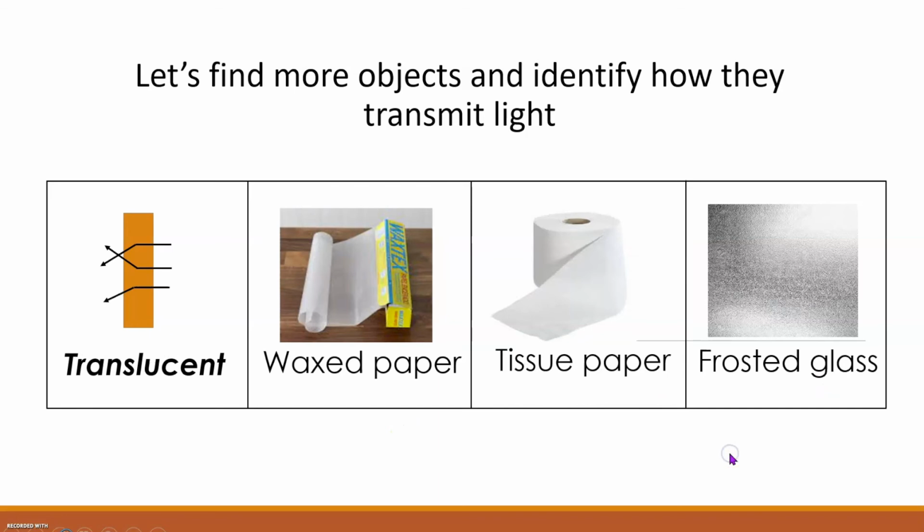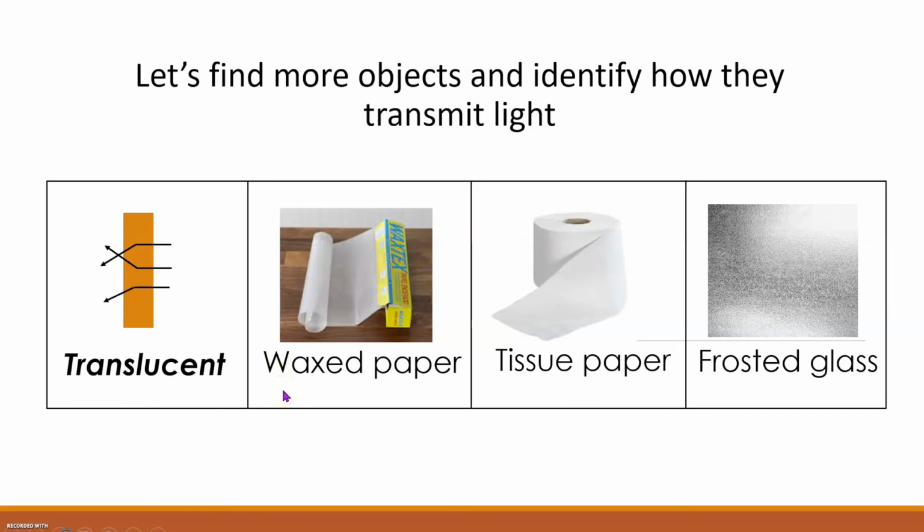The next material, we will see the objects of a translucent material. Everybody repeat after me. Translucent. Very good. We know that a translucent material transmits some of its light. That's why we can see through it but not very clearly.